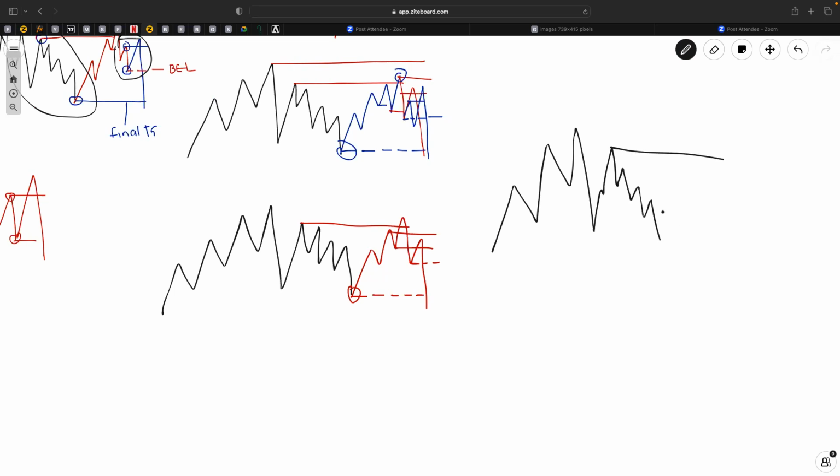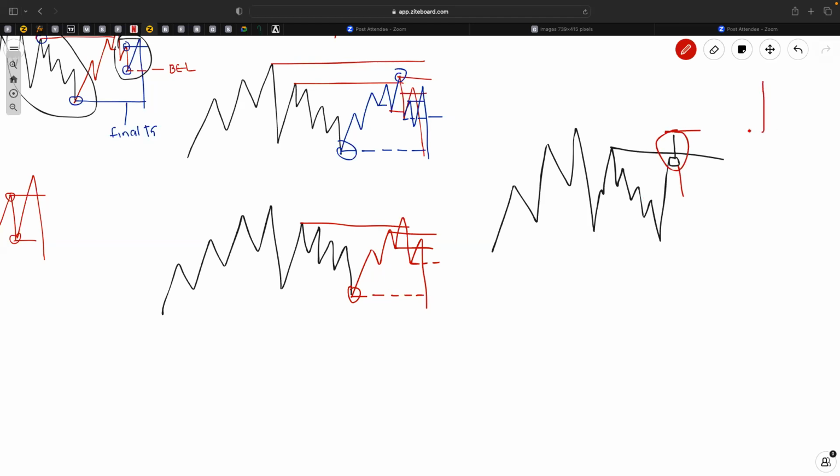Then you wait for market to get here, create a candle above this guy, but did not close above this guy. Now close below this guy. So I'll enter from here at the beginning of the new candle right here, and my stop loss will be right here. So this is candle confirmation.